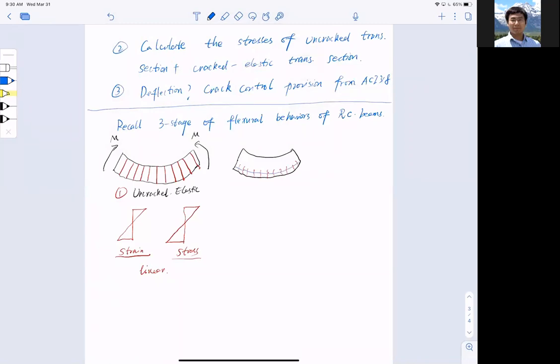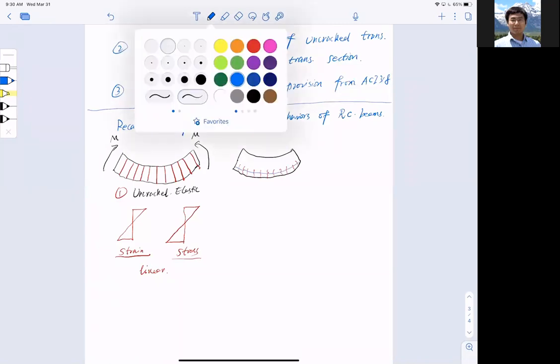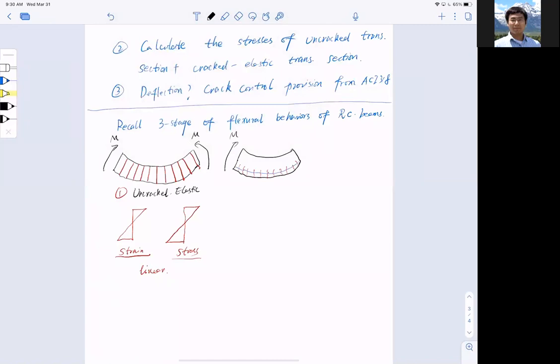As my bending moment keeps increasing, I start to see cracks within the section, but everything else stays elastic. If I draw a line, underneath the line is the cracked region, and up there is the compressive region, which is not cracked. So the whole thing is still elastic. I call this stage cracked but elastic.